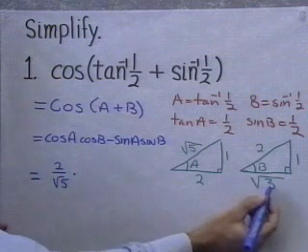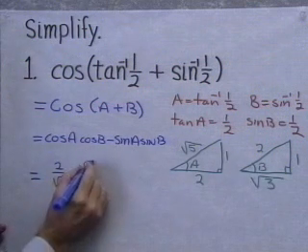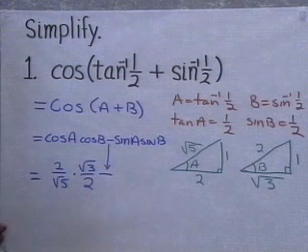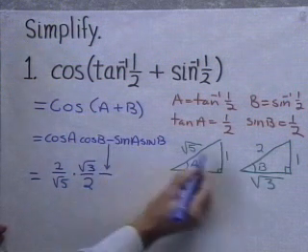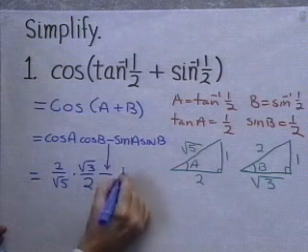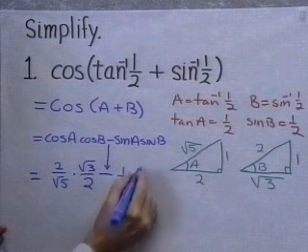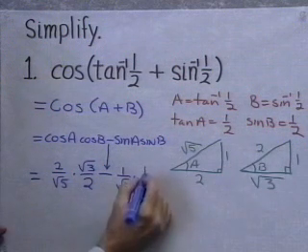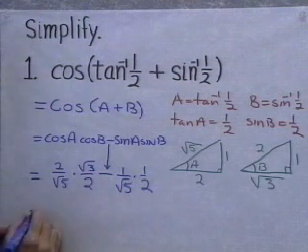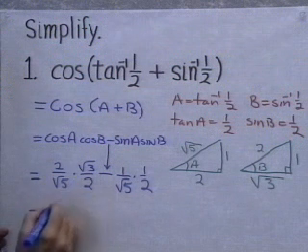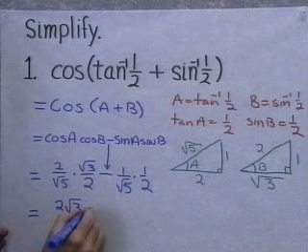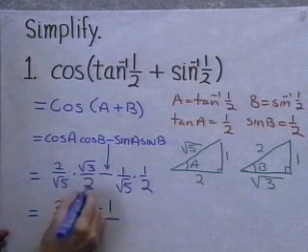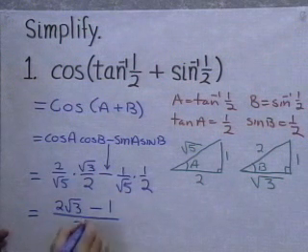Cosine of angle B, adjacent side over the hypotenuse, square root 3 over 2, minus sine of A, opposite side over the hypotenuse, 1 over square root 5, times sine of B, opposite side over the hypotenuse, 1/2. So I end up with 2 times square root 3 minus 1 times 1, which is 1, all divided by 2 times the square root of 5.